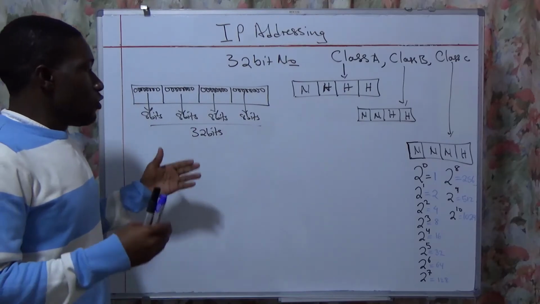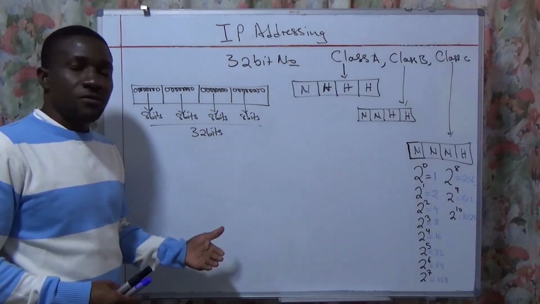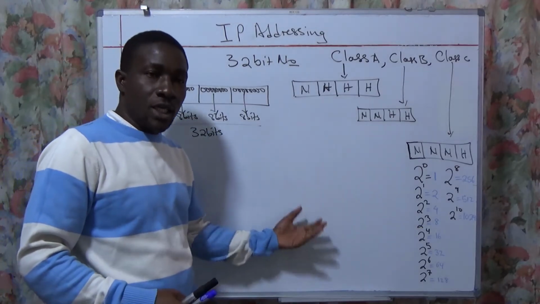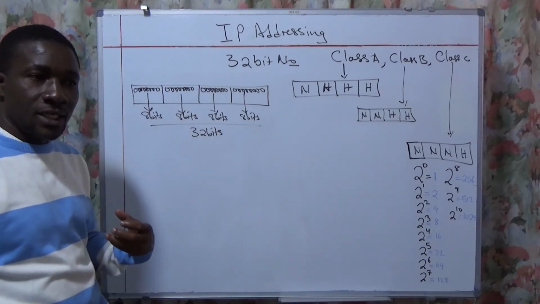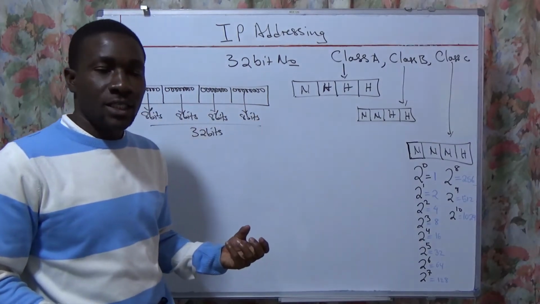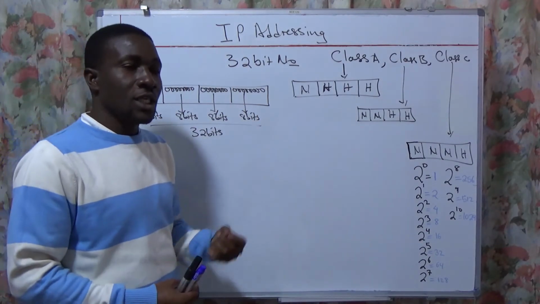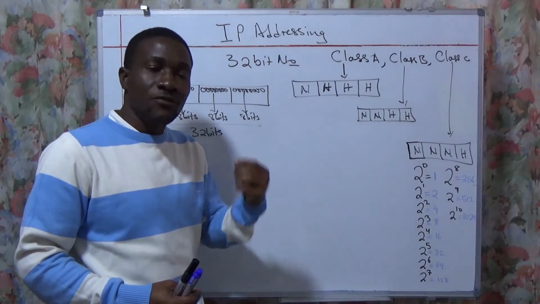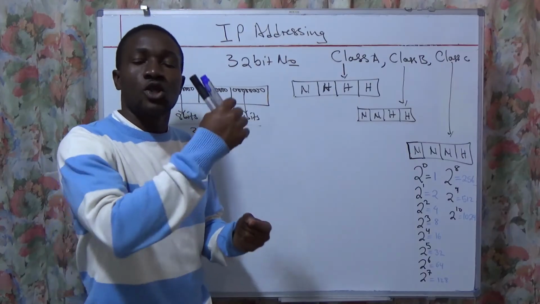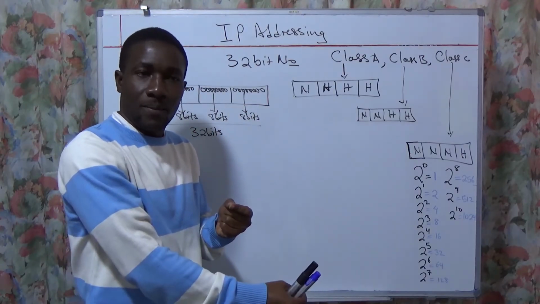Now, from that brief understanding of what humans understand to what computers do understand, it is now understood that computers understand information in binary format, and that's how computers store data.